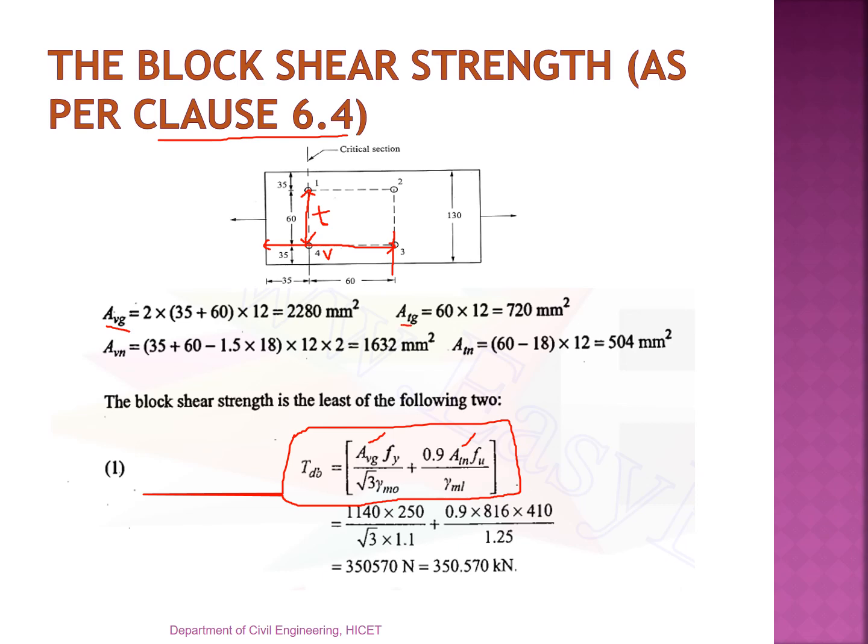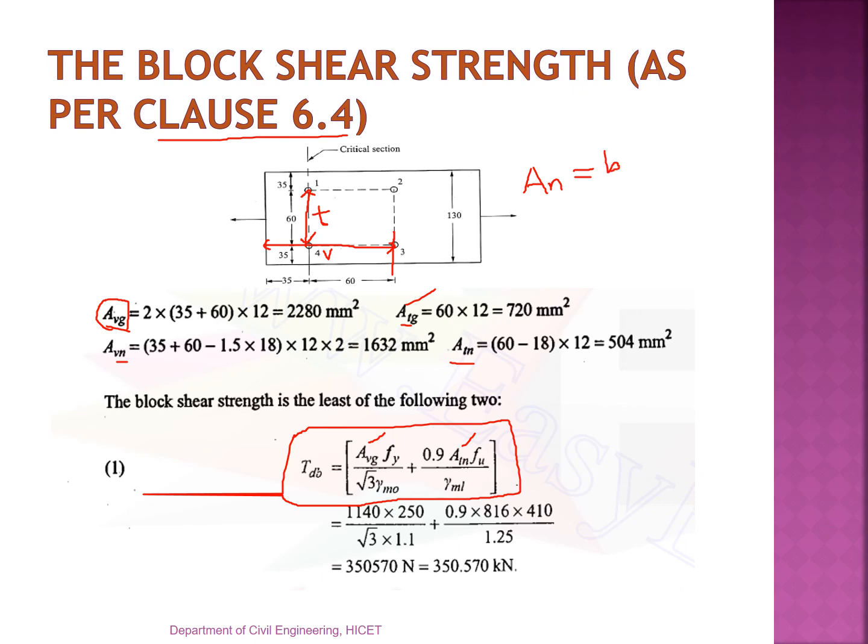So AV means shear area, AT means tension area. Similarly, AVG means gross shear area, AVN means net shear area. Then ATG means gross tension area, ATN means net tension area. So net area means we have to reduce the bolt hole diameter.